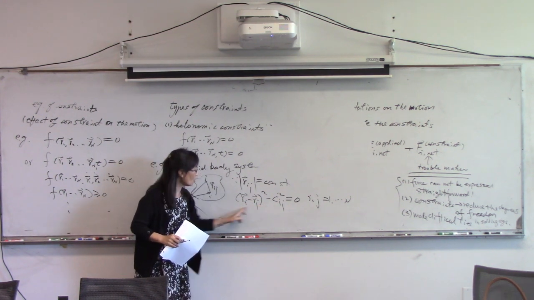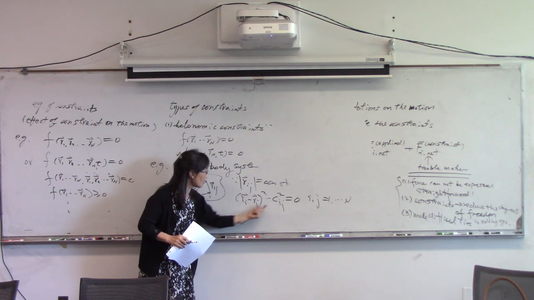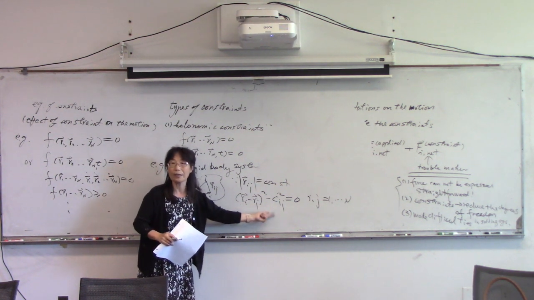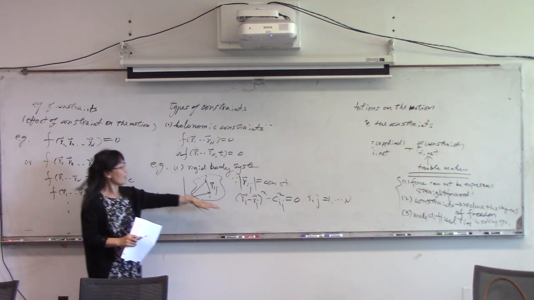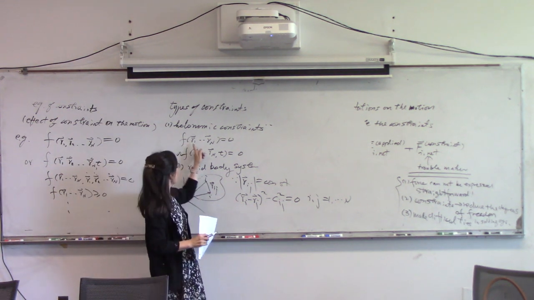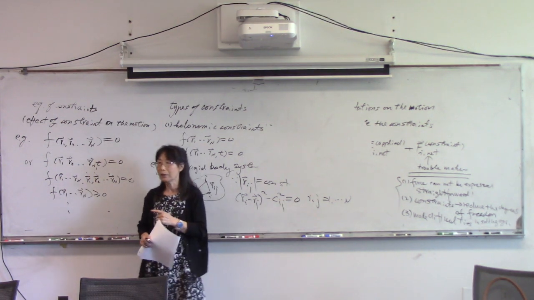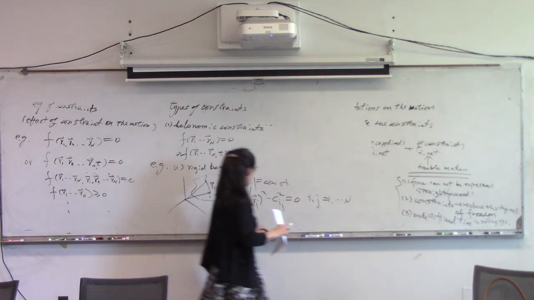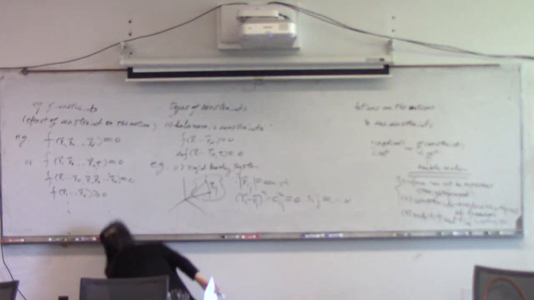So each pair always follows this. That means this distance is always equal to a constant. That is the equation. You have all the coordinates and they follow this, equal to 0. That makes sense? Okay, that is one example. Let's go to the second example.